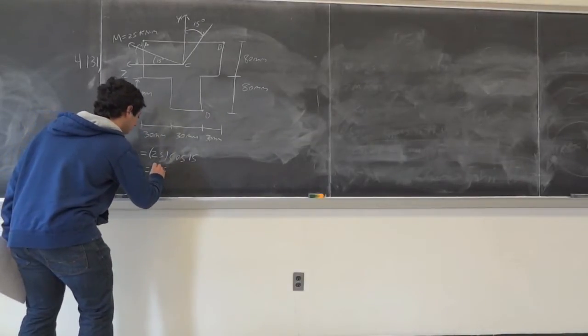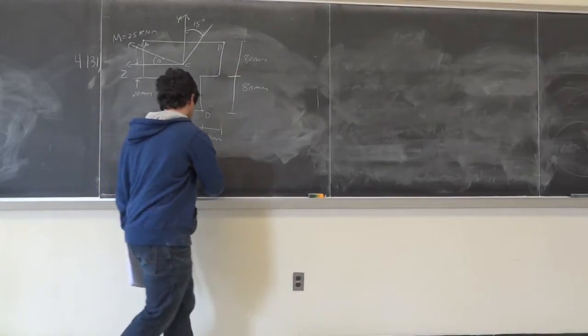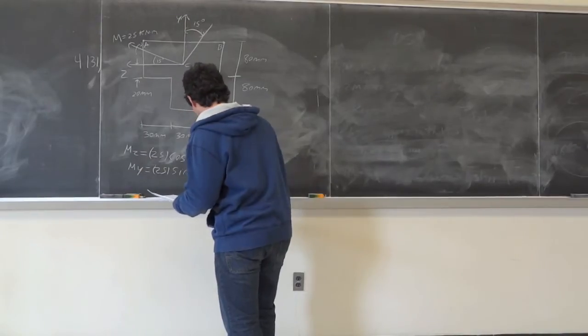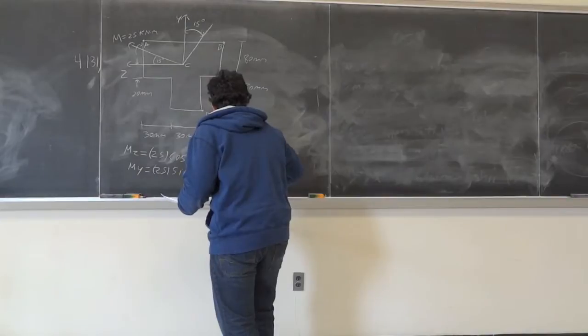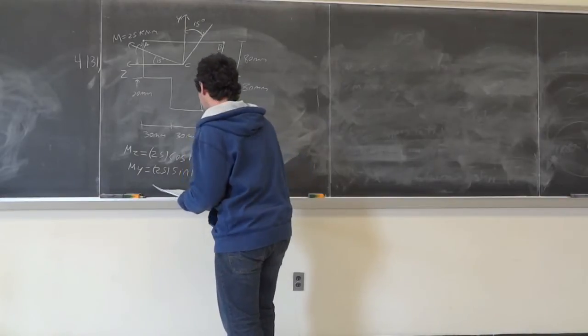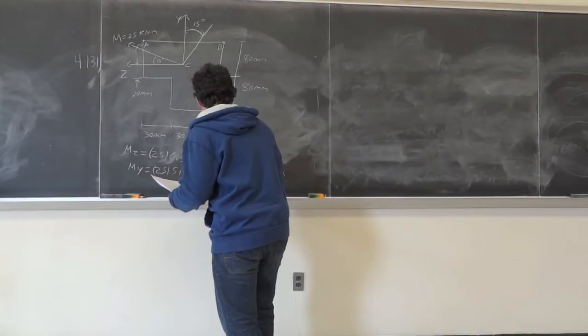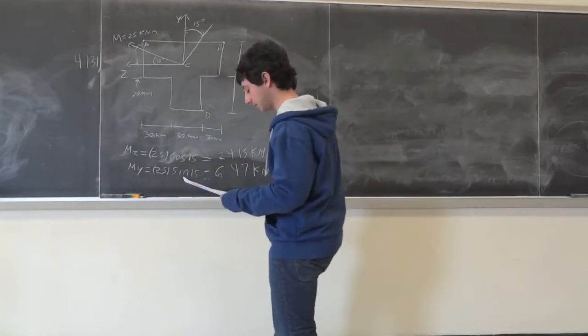It's 25 times the sine of 15. Okay, so I'll give you these values. My is 6.47 kilonewton times a meter. Mz is 24.15 kilonewton times a meter.